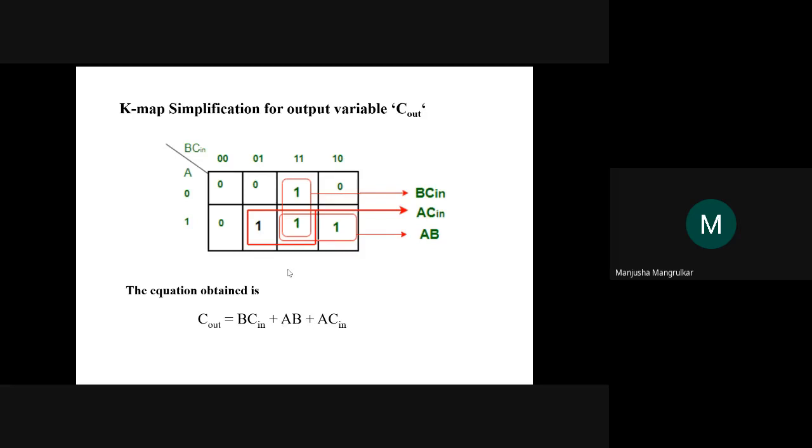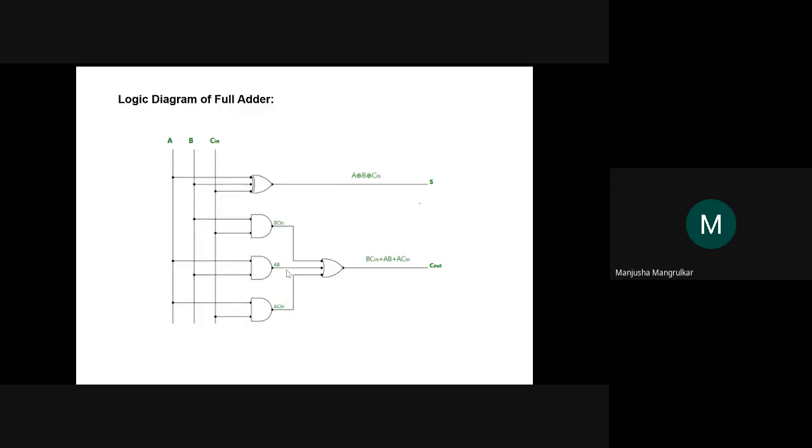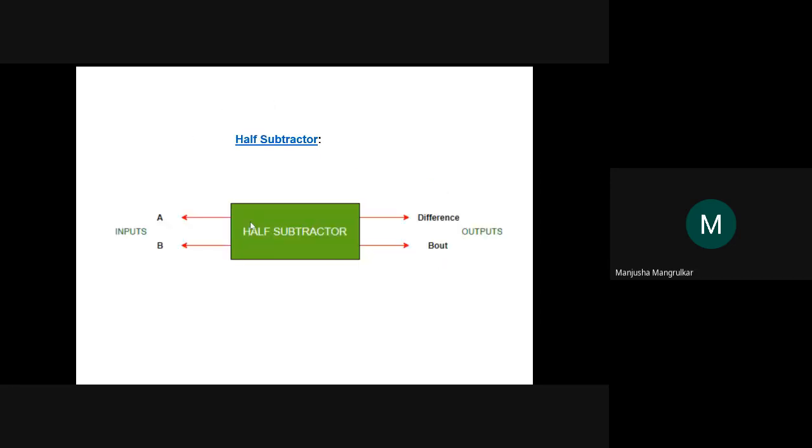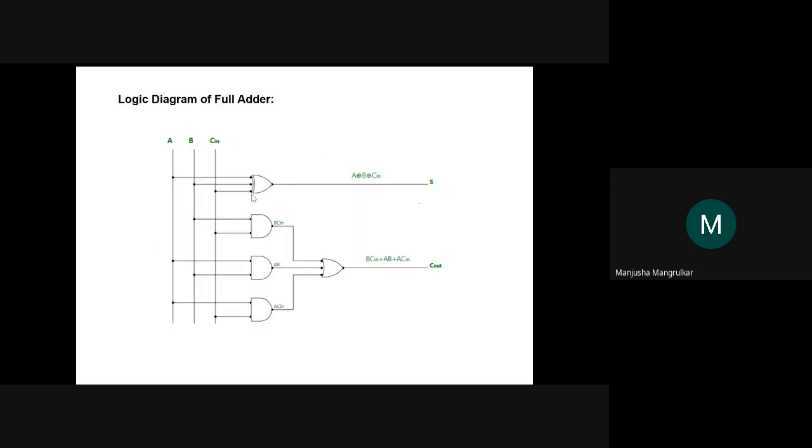Now we'll design using AND logic gates. So this is my XOR circuit, a 3-input XOR gate. This is the sum, A XOR B XOR C, right? This is our carry. So this is the B C AND gate, then this is the A B AND gate, and this is the A C AND gate, and all these three are added.